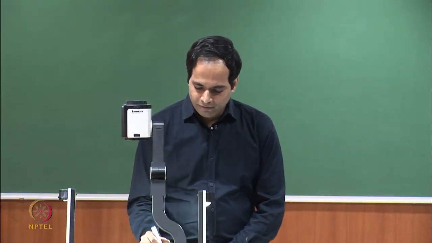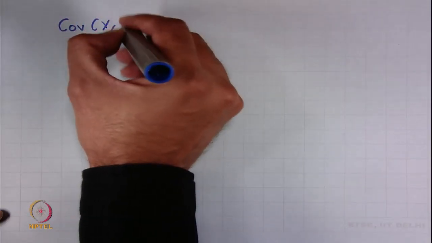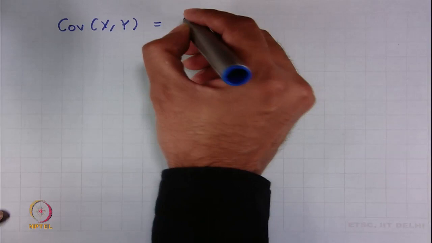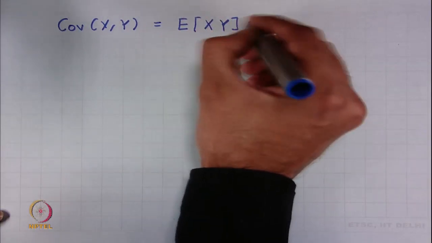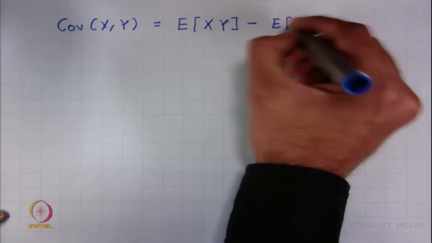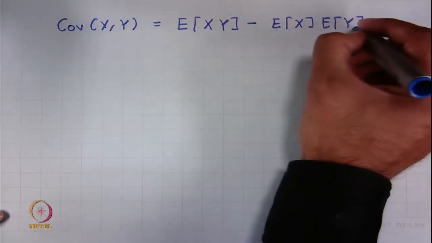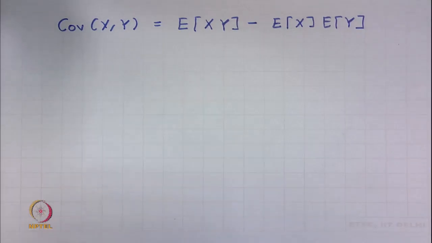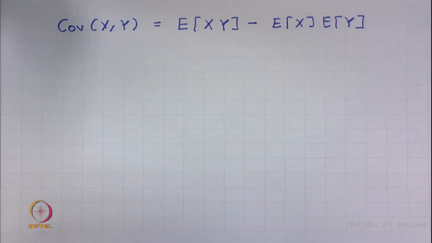If you recall, we defined the covariance of two random variables x and y as the expected value of x y minus the expected value of x times the expected value of y. We discussed and derived this property in the last lecture.